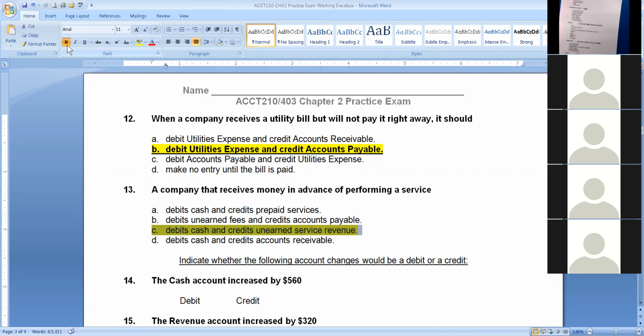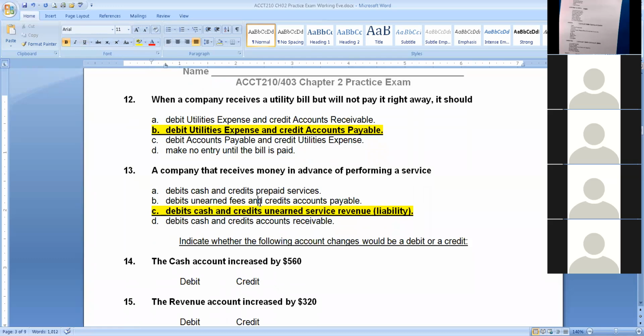The reason this is a liability is if we don't do what we're supposed to do, we have to pay them their money back. So if they gave us whatever it is, $1,000 to do some service, if we don't do the service, then we have to give them the money back.